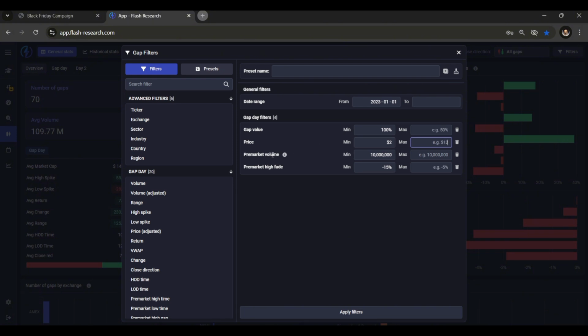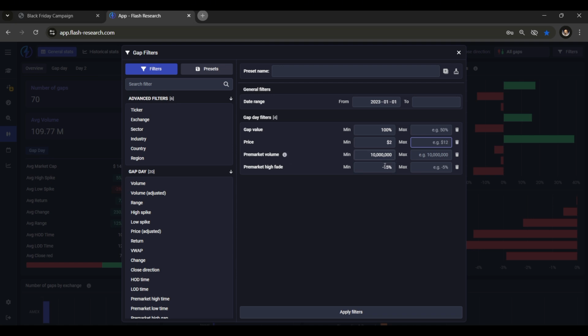With a pre-market volume of over 10 million, which is a lot, and a pre-market high fade of up to 50%. That means the pre-market high can be at most 50% above the open.